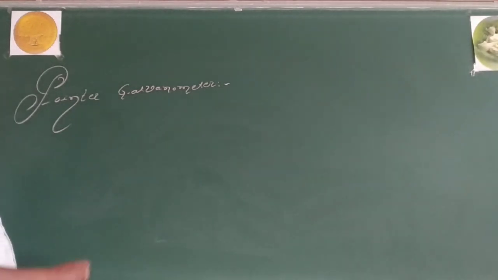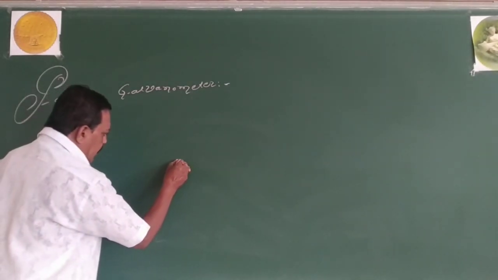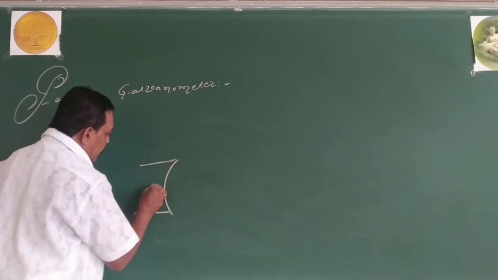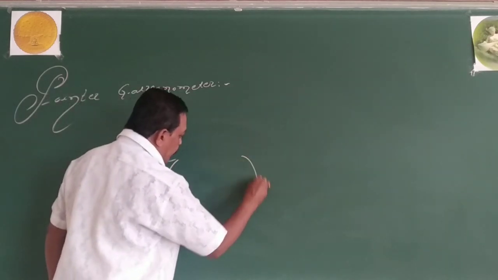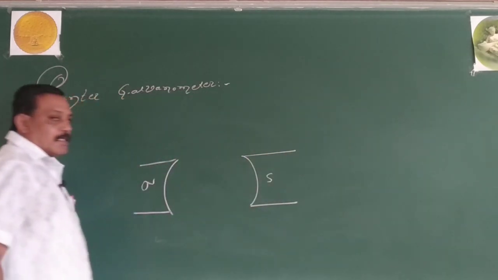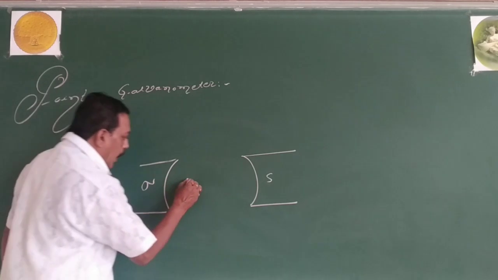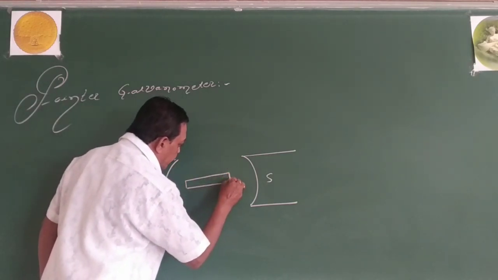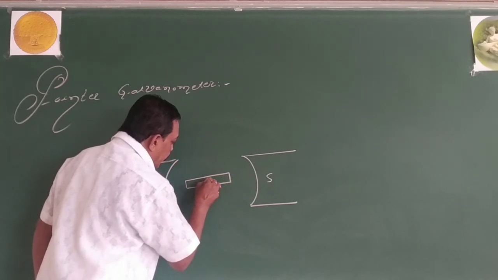It also has two concave pole pieces of the magnets, north and south. The coil is pivoted or fixed with the help of jeweled bearings.